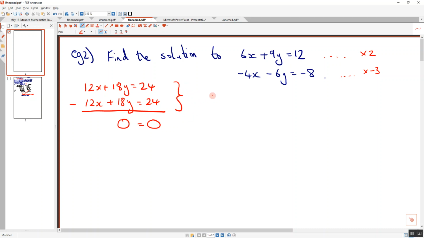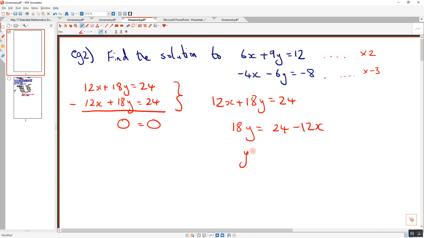If I was to take one of these, 12x plus 18y equals 24, and rearrange it, I would have 18y equals 24 minus 12x.